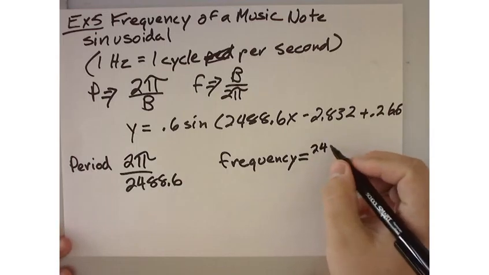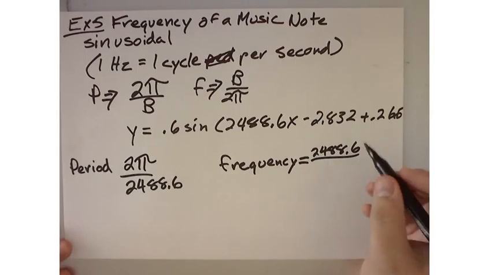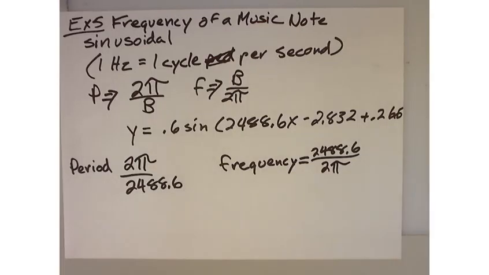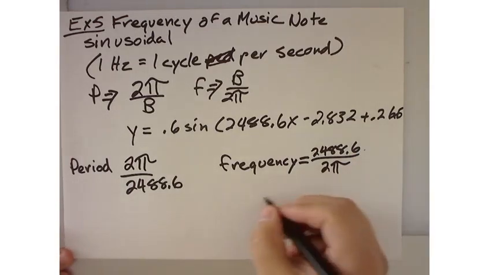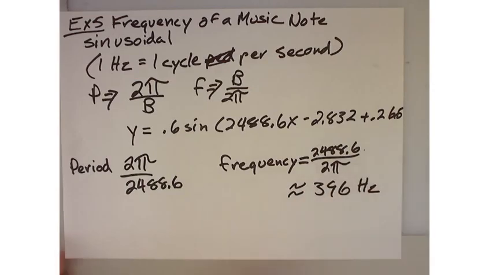So if I took 2488.6 and put that over 2 pi, and I plug that in the calculator, it would be approximately 396 hertz. So what does that mean? That means that the tuning fork has about 396 cycles per second, right?